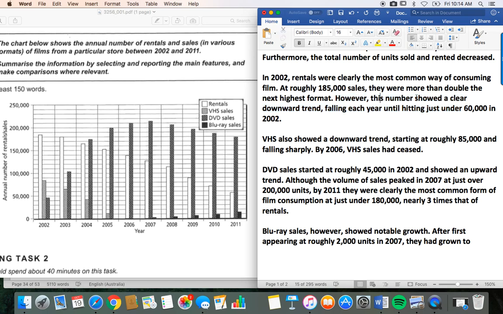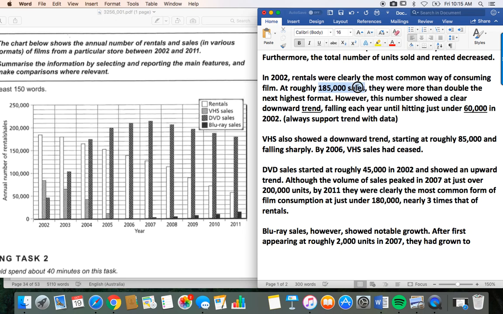So here I say clear downward trend, and then I give the data. So this is important. You have the trend, and then support it with data. One thing you must do in the IELTS test is always support trend with data. So please do that. This one's a little different from other ones I've written, but it still does it.